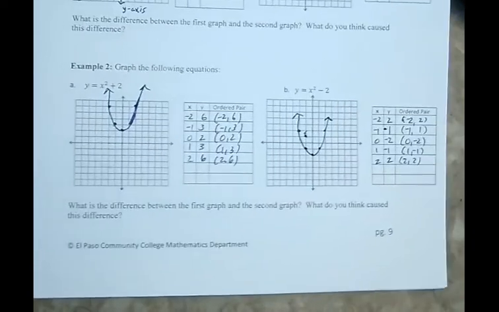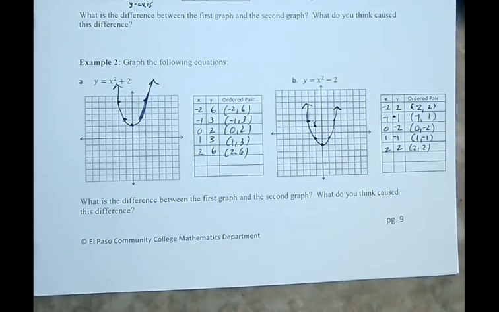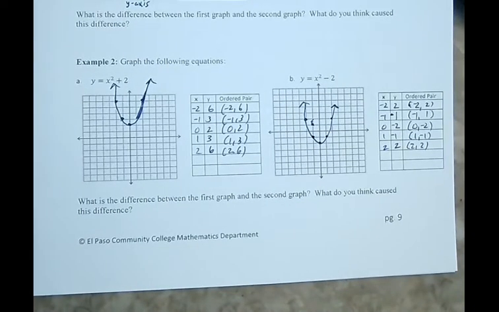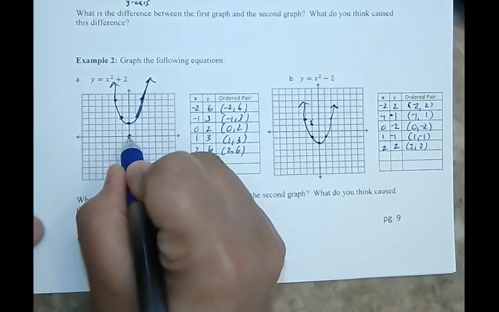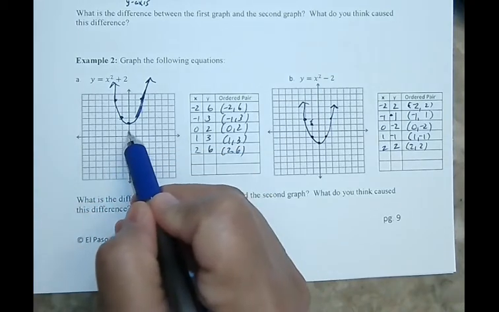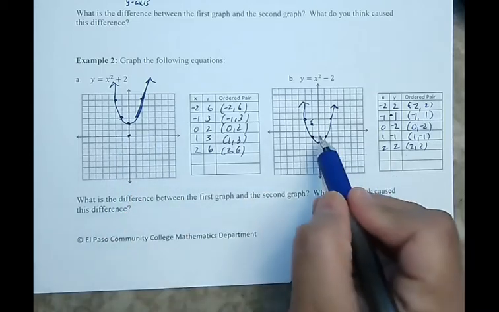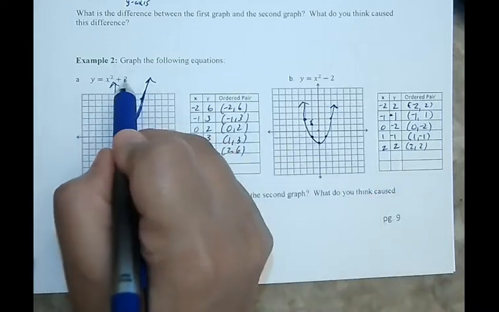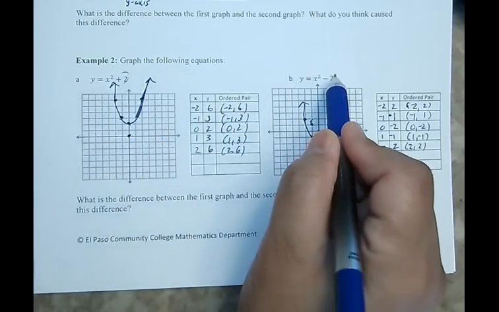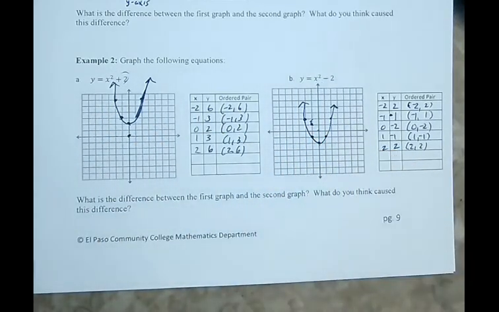Okay. So if we compare both graphs, it's asking for the difference between the first and the second. Looking at the origin here, you can see that the graph moved up 2 places. And if the origin is here, the graph moved down 2 places. In the equation, you can see we're adding a plus 2 and we're subtracting a 2.